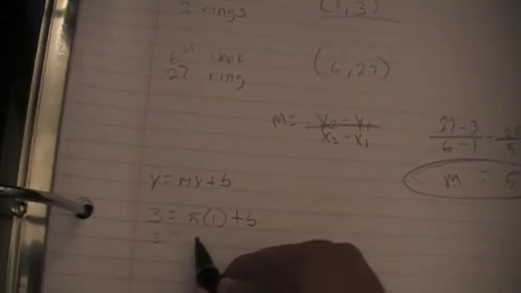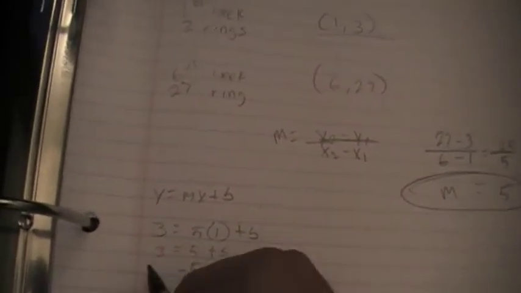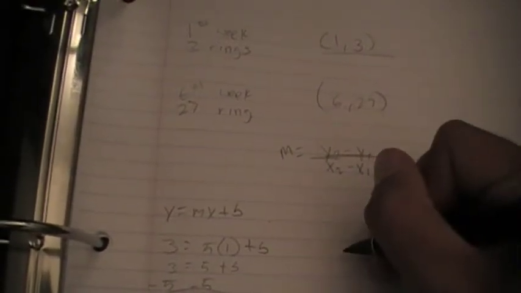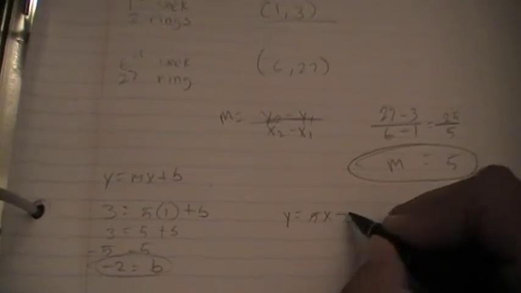We simplify, subtract 5 from both sides, and then we're given -2. So our equation will be y equals 5x minus 2. And that's the answer for number 1, for letter A.